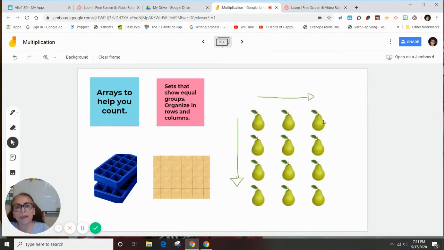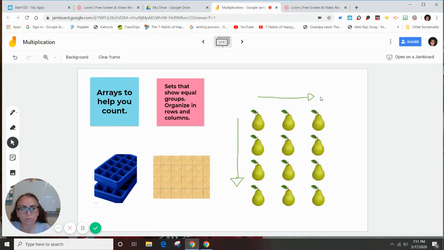Okay, I'm going to show you a few ways to multiply. One way that keeps things organized is when you multiply with an array. What is an array? Well, an array shows equal groups and organizes them into rows and columns. I have my notes right here because I don't want to forget anything.